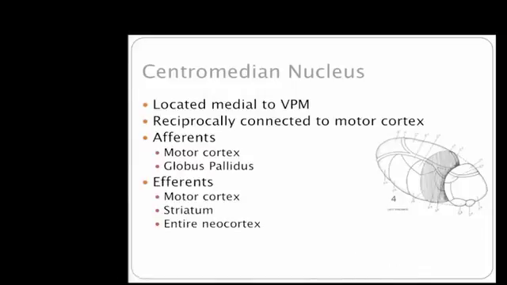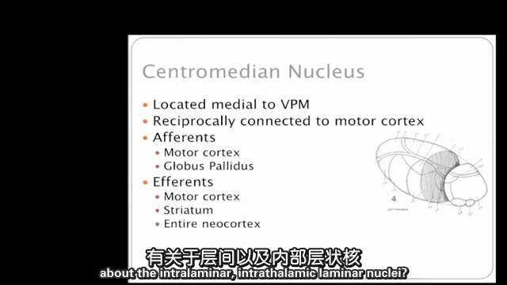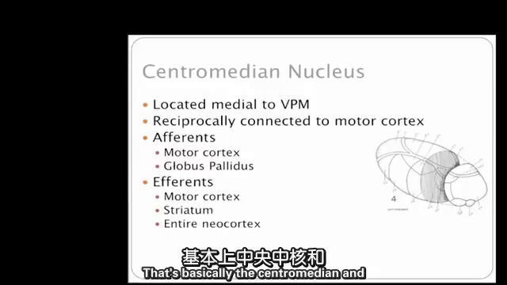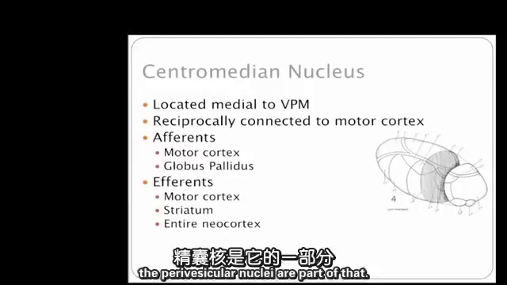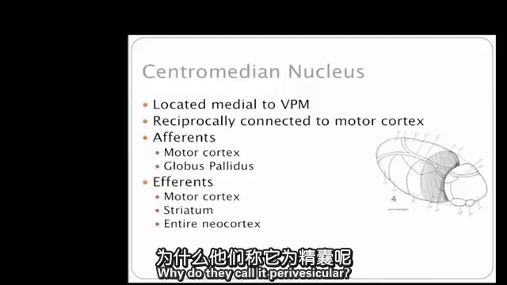You understood the importance of what he said about the intralaminar nuclei. That's basically it, the centromedian and the parafascicular nuclei are part of that. So you think of the centromedian, you think of parafascicular. Why do they call it parafascicular?